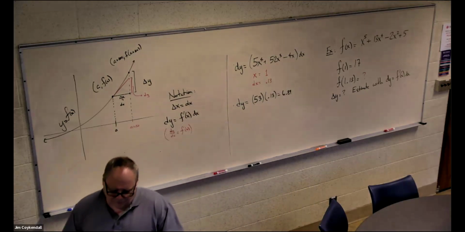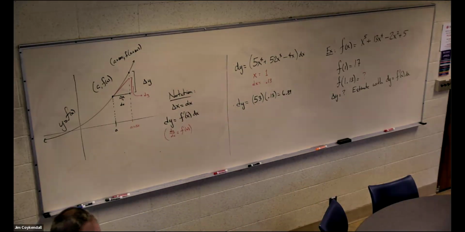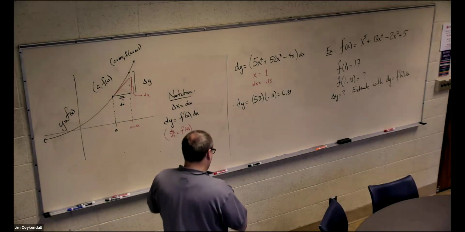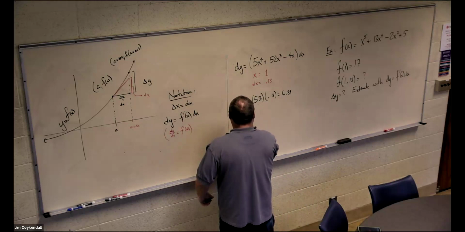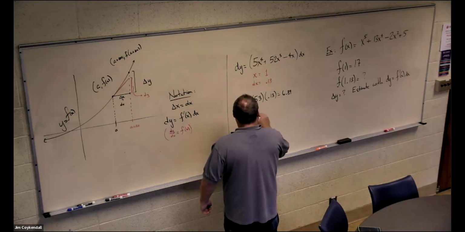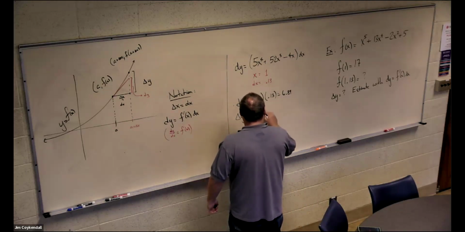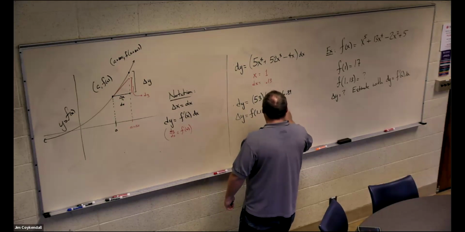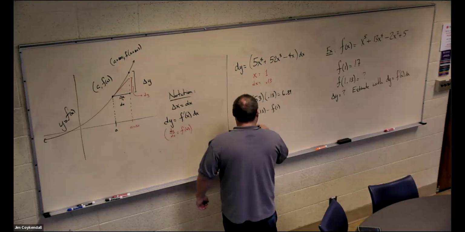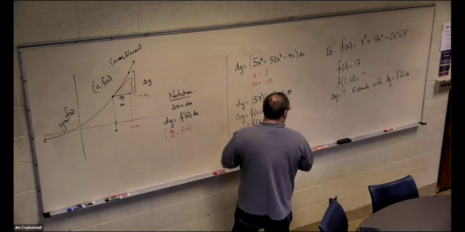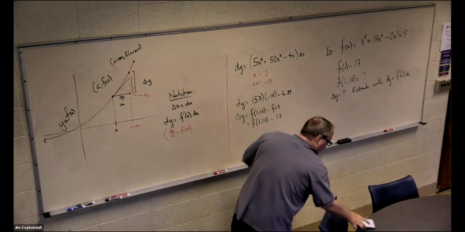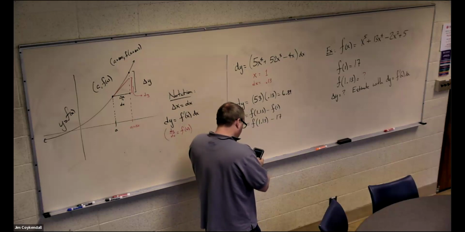How do we find the real change? Even on a calculator, this is obnoxious. The actual delta y is f of 1.13 minus f of 1, which is f of 1.13 minus 17. We can figure that out. Let me see if I can figure f of 1.13.